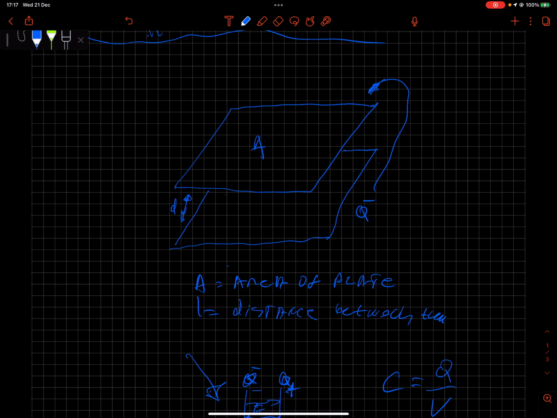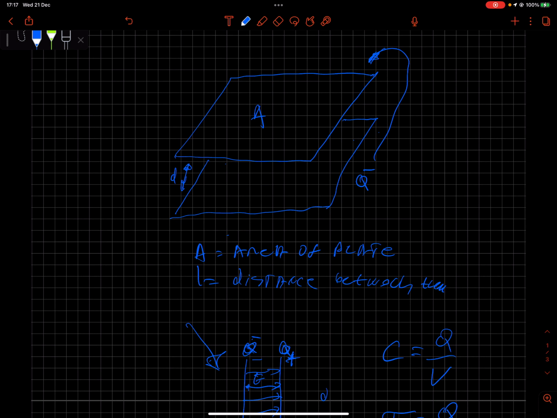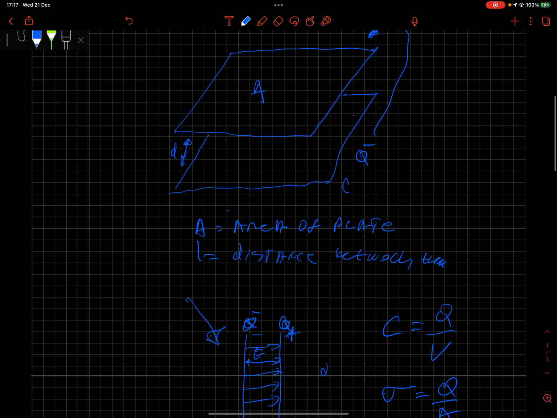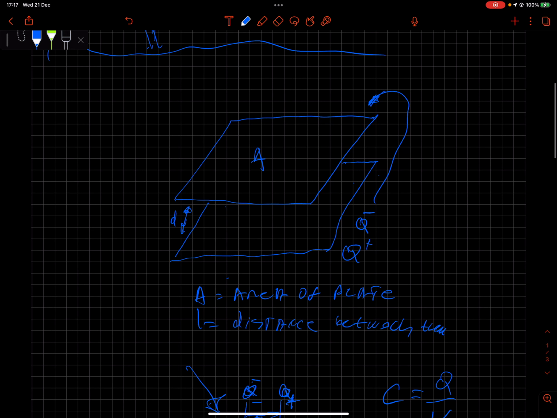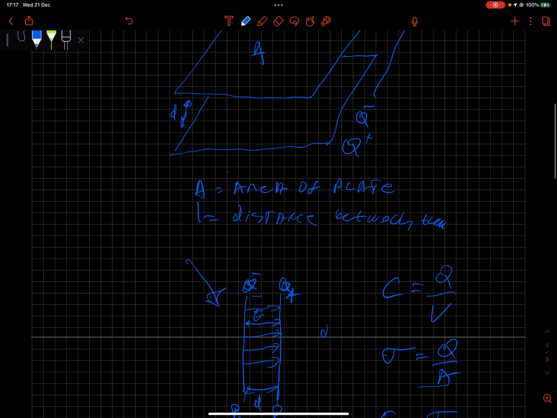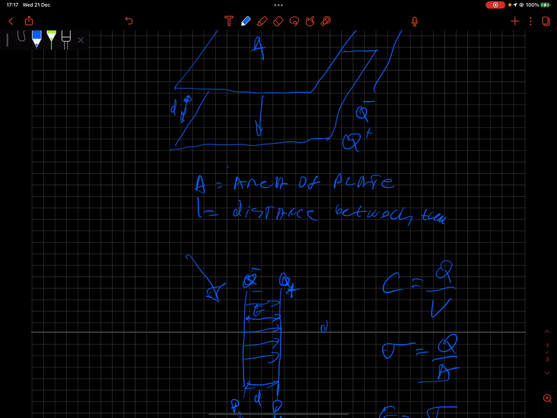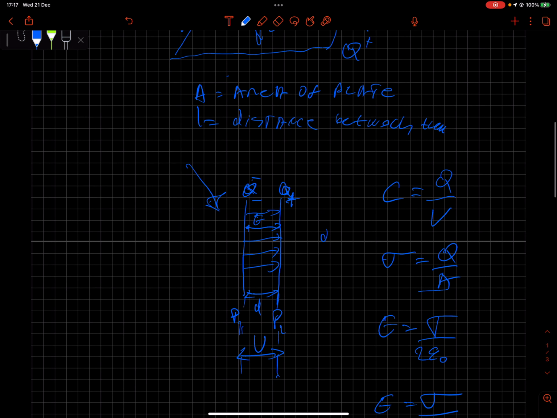And now what we have are the two plates. The bottom plate is with positive charge, and the top plate is with negative charge. And of course between them now we have an electric field.